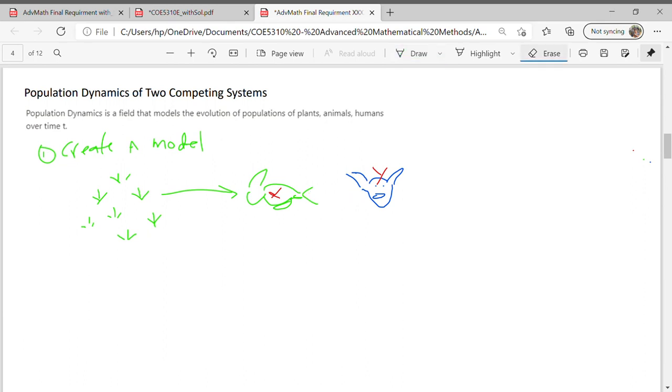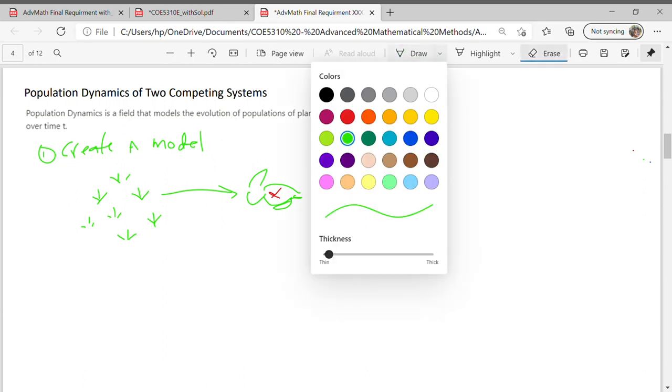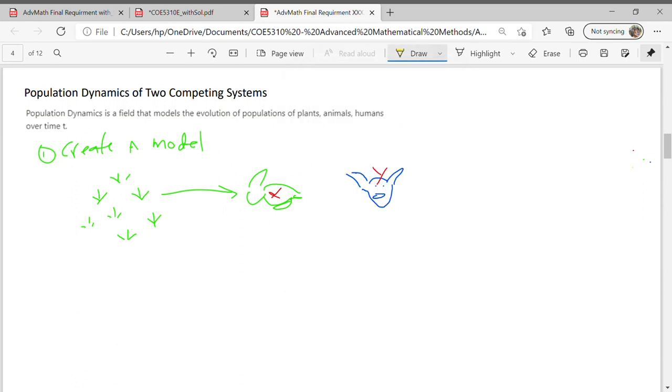This is our first assumption, that rabbits have an unlimited food supply. Hence, if there were no foxes, their number would grow exponentially.